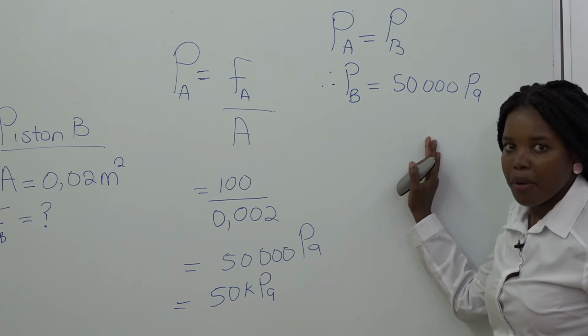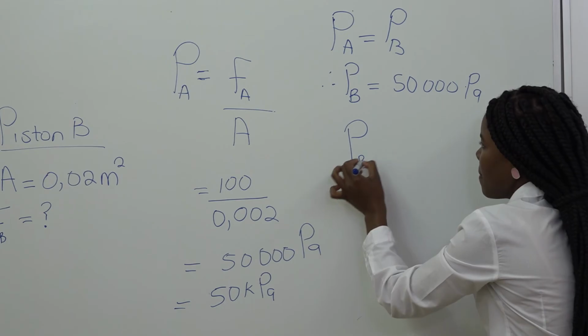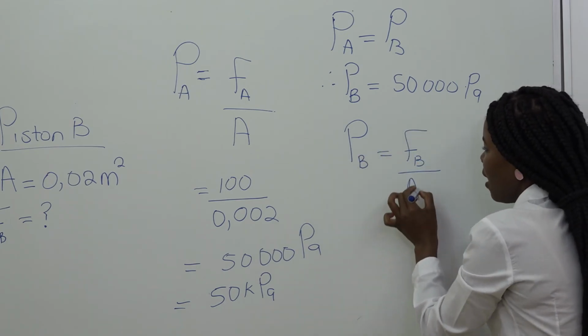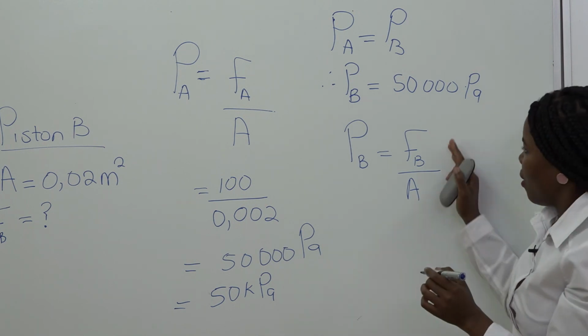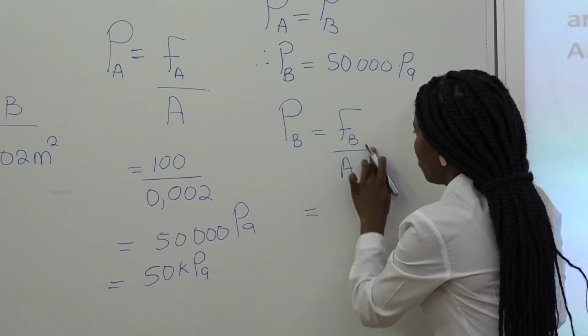And remember, we're supposed to calculate the force. So we say PB is the same as FB over area, and the force is what we're looking for.